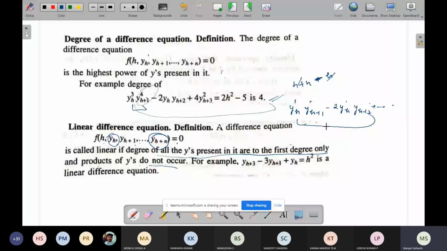Here the order is h plus 3 minus h, that means order 3, and the degree is 1. So this is a third order, first degree difference equation. Now we have the solution of difference equations, and 2 more classes are left, and only one topic we can finish in one class itself. So we'll discuss the remaining topics in the next class.